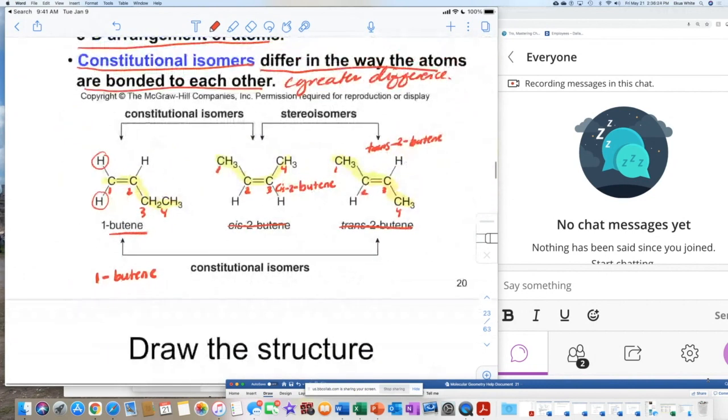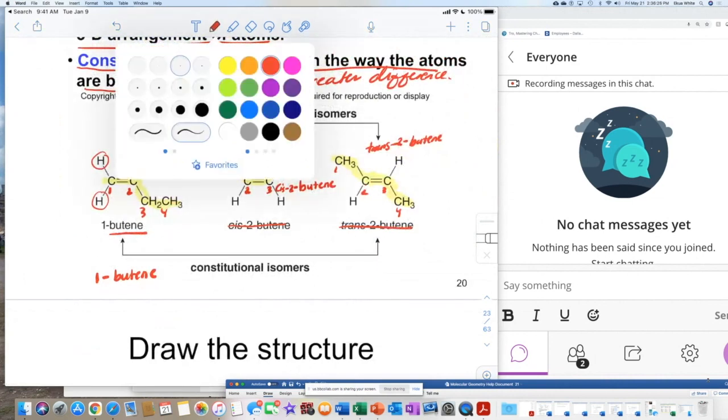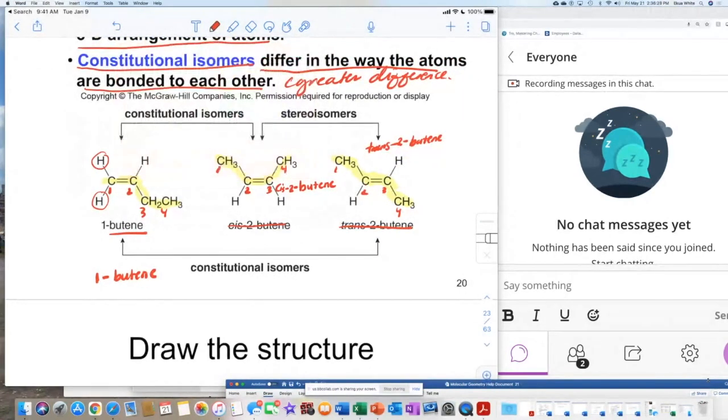So what we can say here is, I'm going to give these letters. Let's say my first molecule is A, my second one is B, and then C. A and B are constitutional isomers, just like what they showed over here, right? They're constitutional because even though they have the same molecular formula, same number of carbons, same number of hydrogens, they're connected differently.